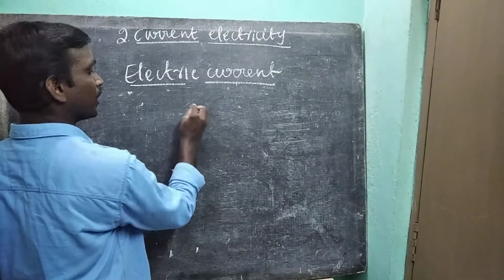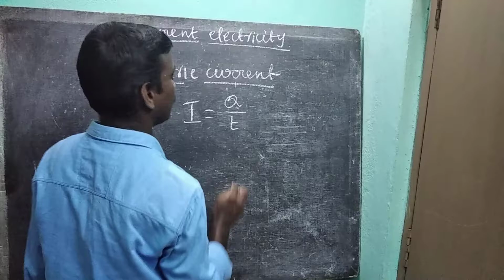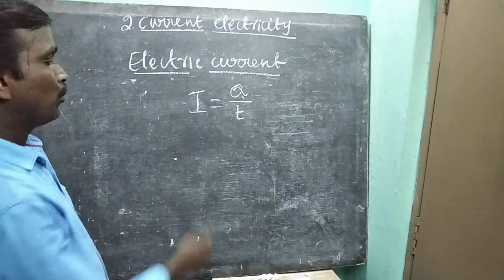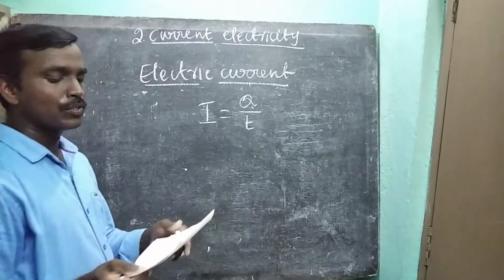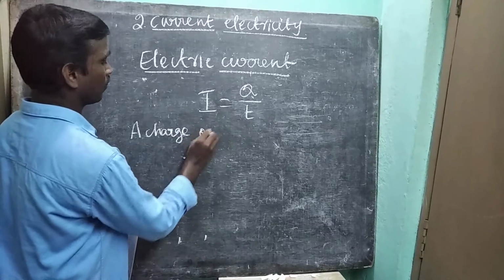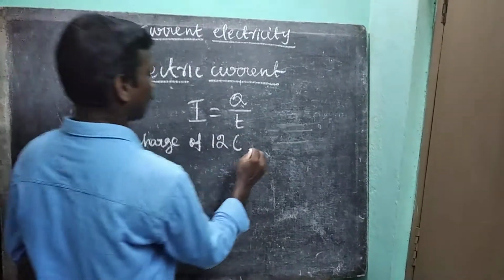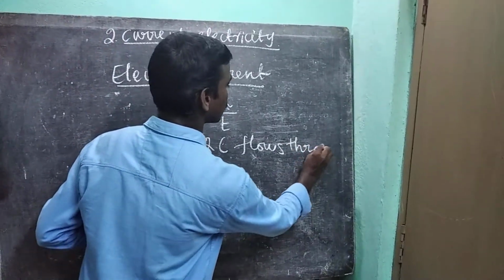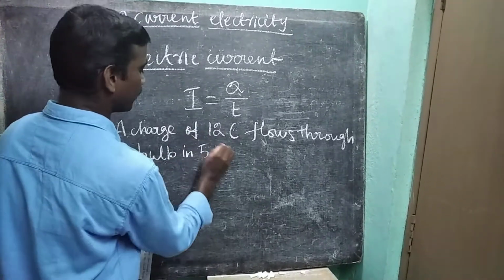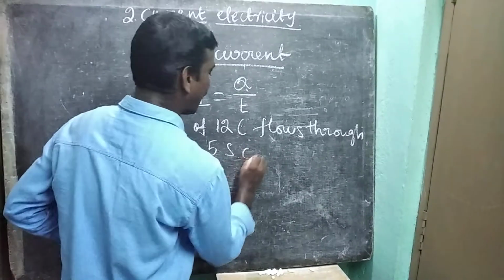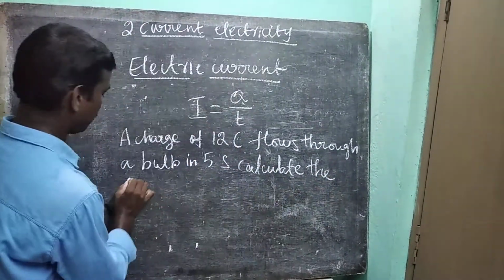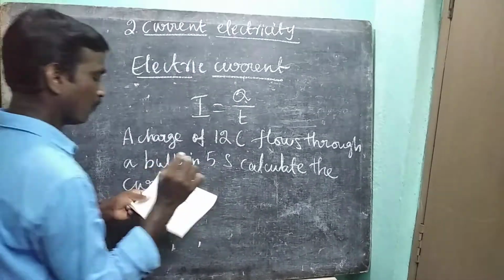With the help of this equation I equals Q by T, we can find current I, charge Q, or time T. For example, using this I can solve one problem.